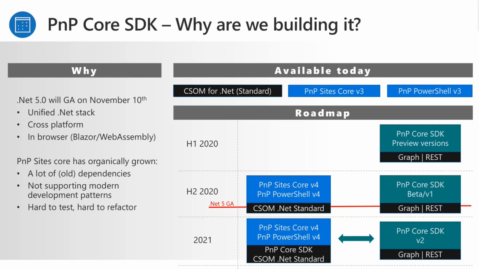Those two will slowly but surely merge together at a certain point. But we keep having both for a while because we definitely want to keep supporting both, especially because PnP Sites Core and PnP PowerShell are for SharePoint on-prem as well, whereas the PnP Core SDK only targets SharePoint Online. So that's why we definitely keep PnP Sites Core and PowerShell around.